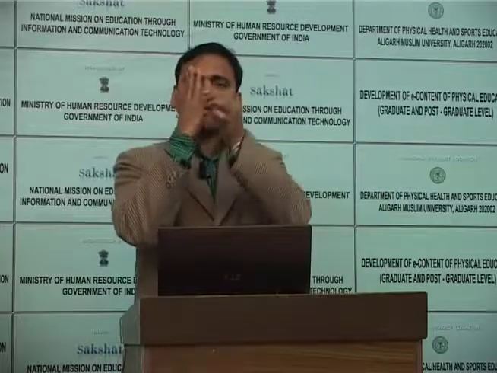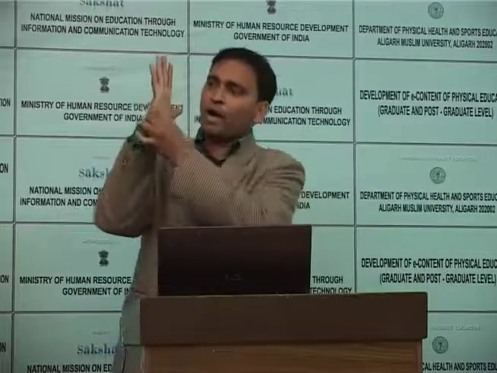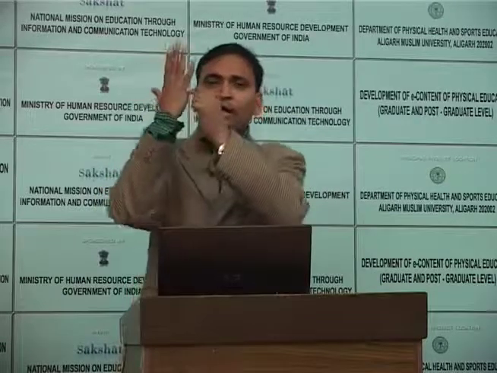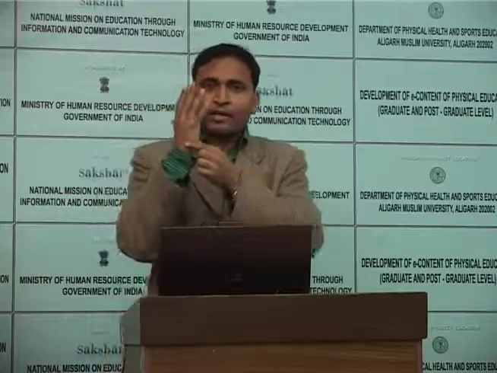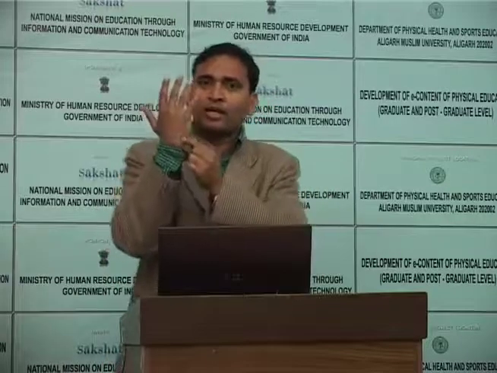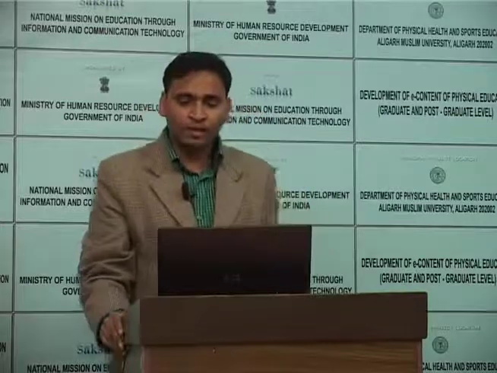This is the little finger, the fifth finger, and this arm is made up of the metacarpal. So this is the head of the metacarpal and this is the base, from where your hand starts.